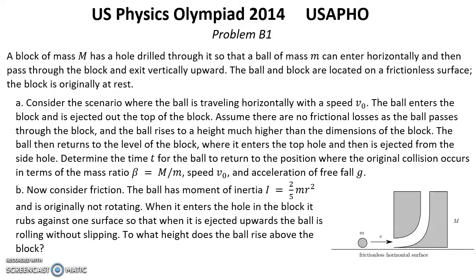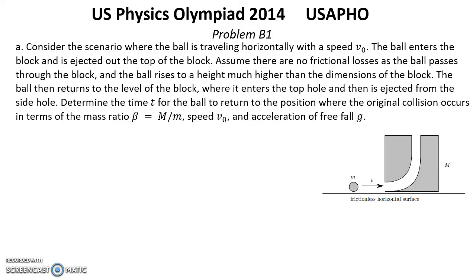Solution. Question A. First, we have to emphasize that here we have horizontal momentum conservation and energy conservation. It means that we can find the speed of block and ball at the moment when the ball starts to fly.